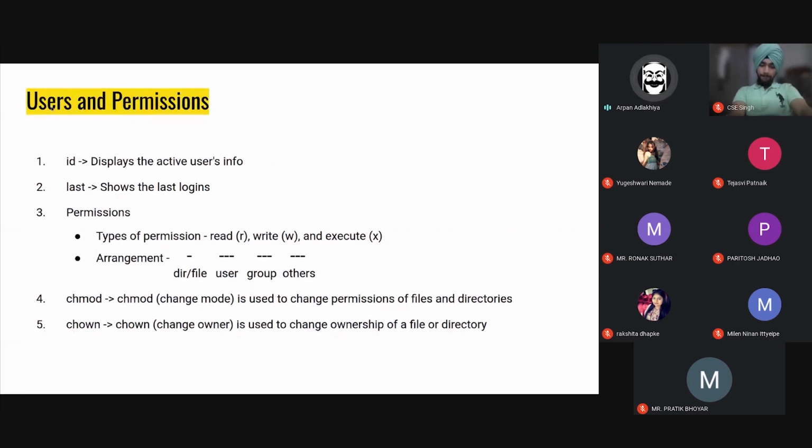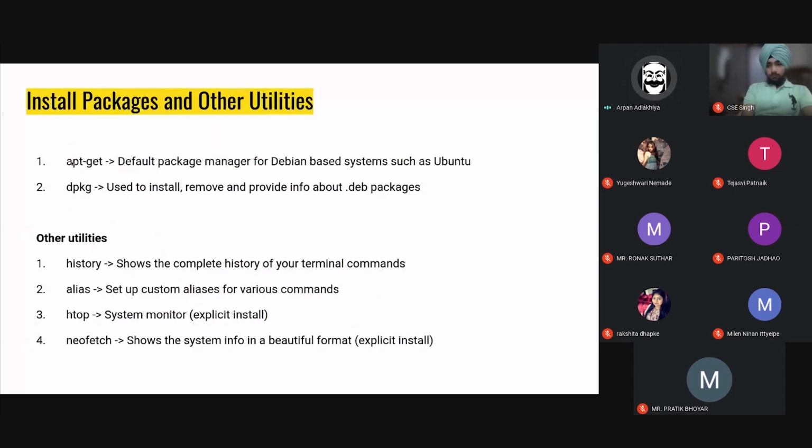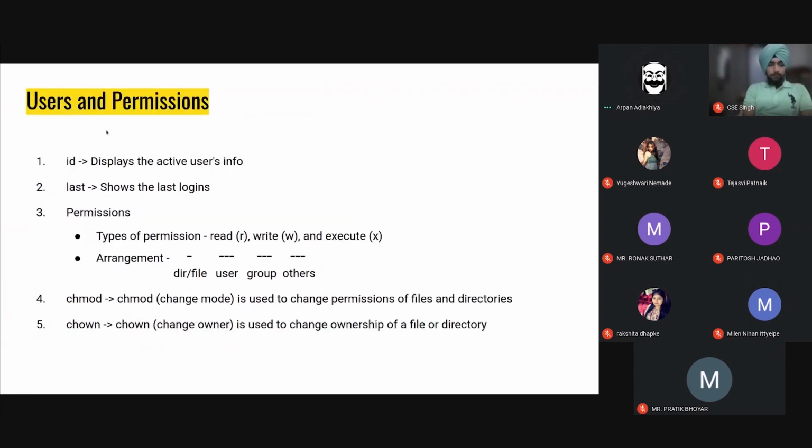Similar to that, there are different kinds of users in Linux, and if you want to perform some action using administrative privilege, you use the sudo keyword that we looked at earlier. Some basic stuff, that is id. It displays the active user's info. If you are logged in as your normal user, it would just display the user ID and the username and basic stuff like that.